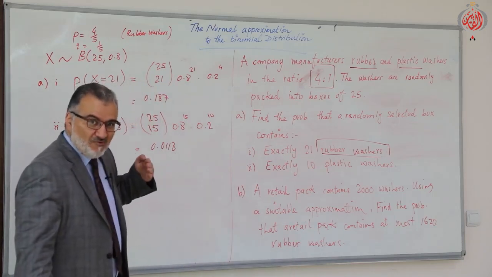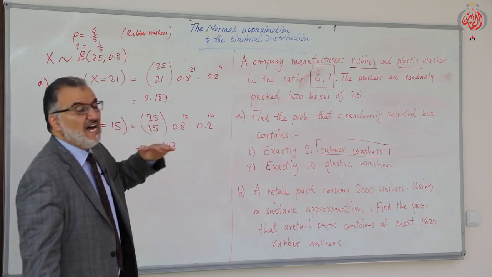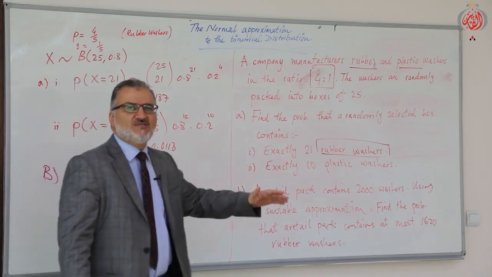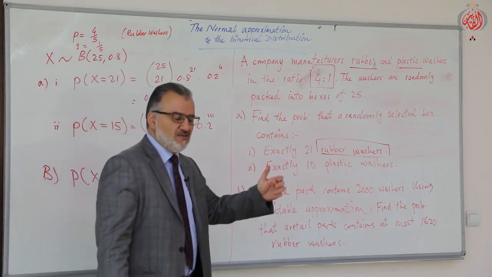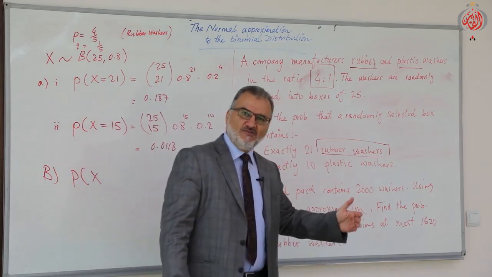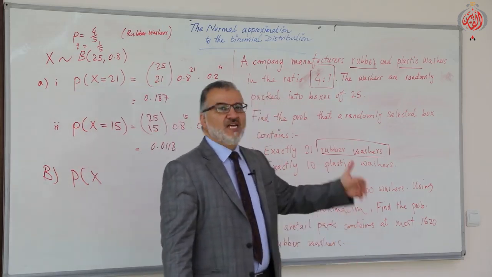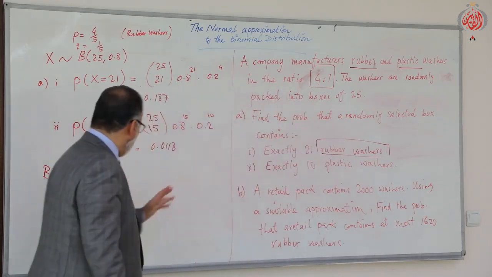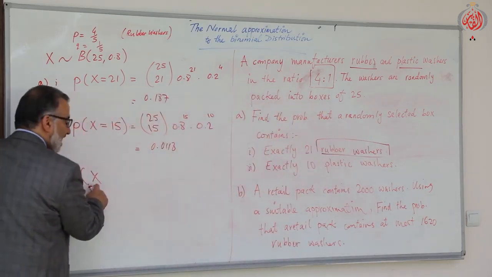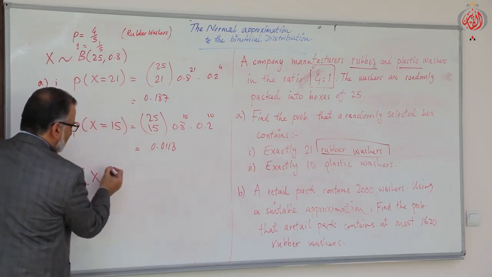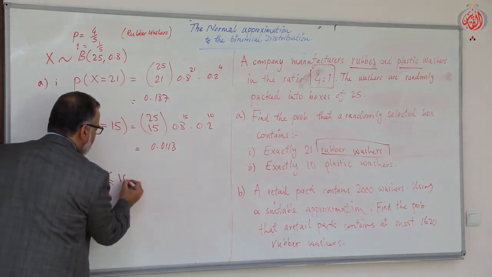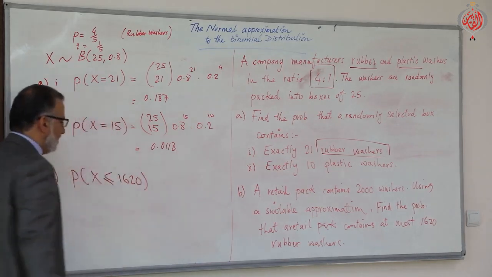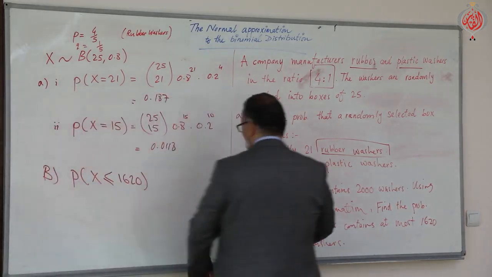It means either 1,620, the highest value, or less: 1,619, 1,618 rubber washers, and so on, down to 0. So X is less than or equal to 1,620. This is the meaning of that question.